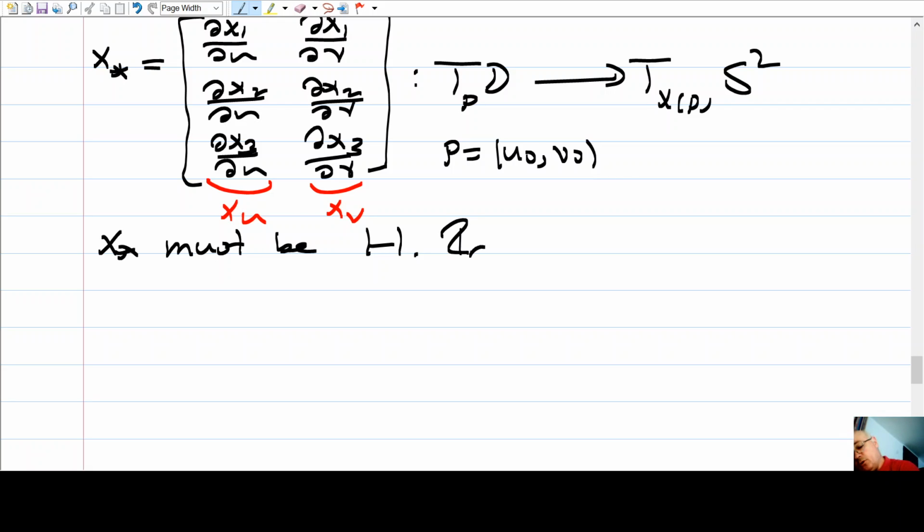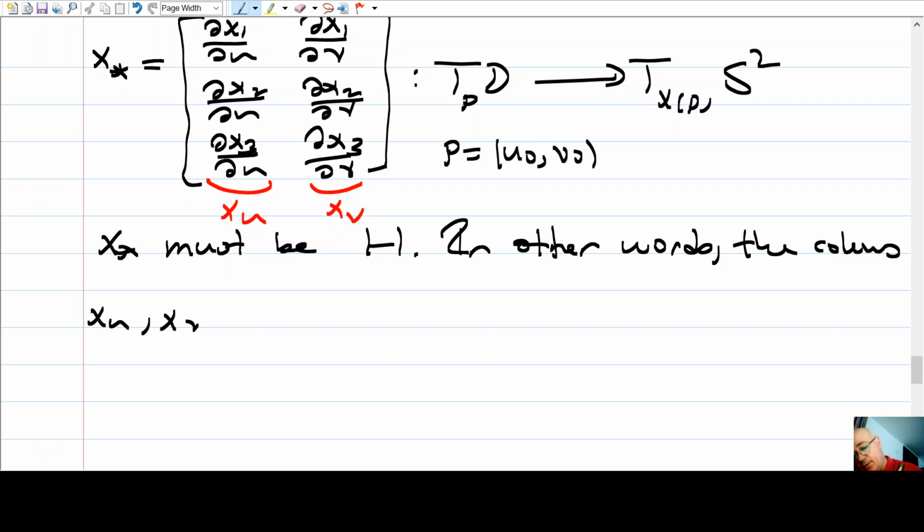So in other words, the columns x_u, x_v must be linearly independent.